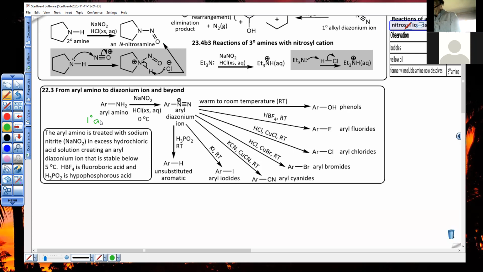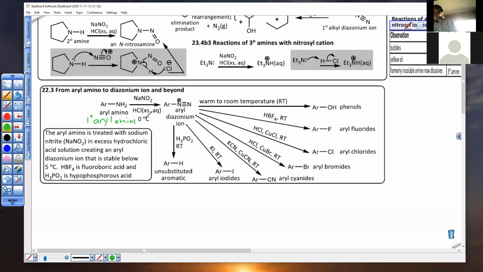Primary aryl amine. It's not an alkyl amine. It's got an aromatic group on it. And we learned that those are stable at less than 5 degrees Celsius. And we can generate them using sodium nitrite, HCl, and 0 degrees Celsius.